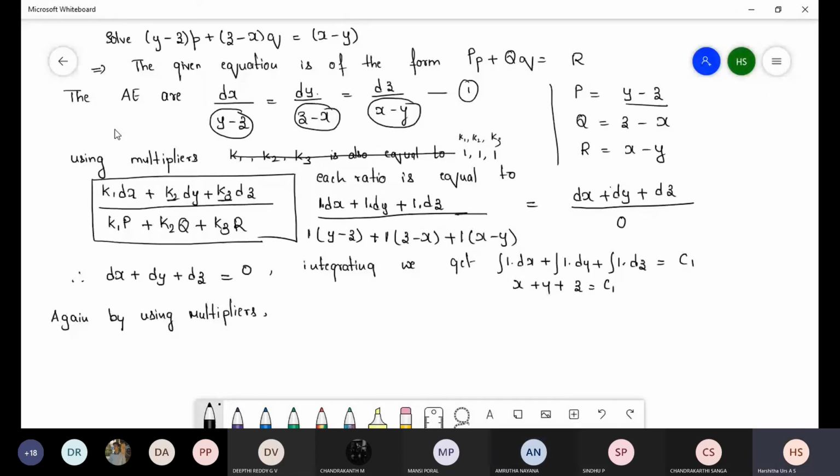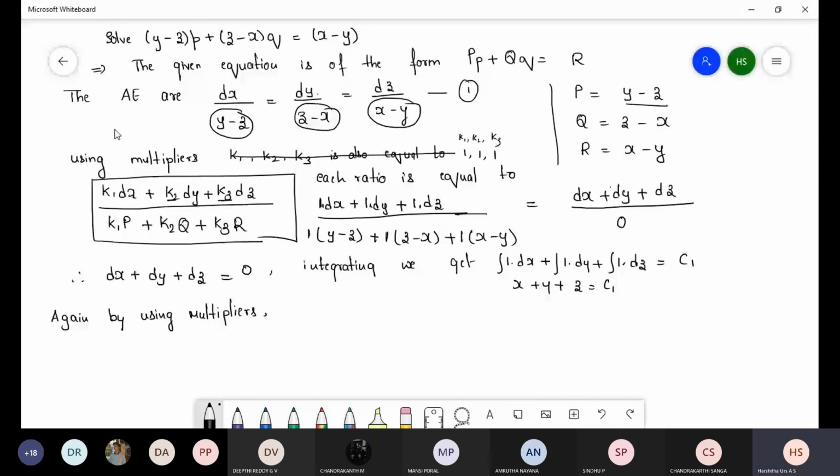X, ma'am. Yes, very good. In the second one? Y, ma'am. Y. Yes, good. Next, last one? Z. Yes. So here, again we have to use the multipliers x, y, z.